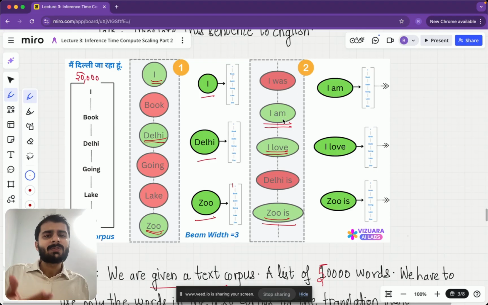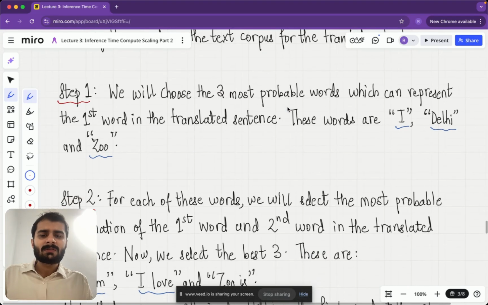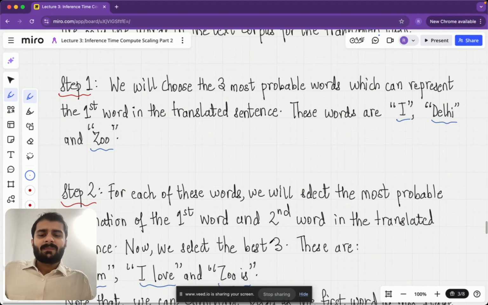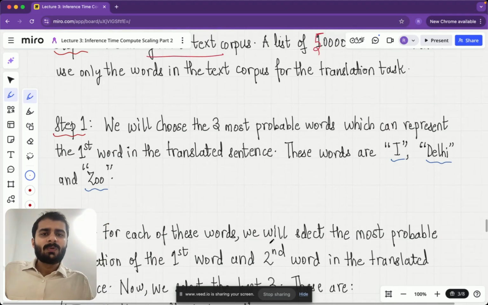And then we are again choosing the three most probable entries by passing it through the model, which is a black box for all we know right now. So step number two is, for each of these words, we will select the most probable combination of first word and second word and select the best three. So these are I am, I love, and zoo is.